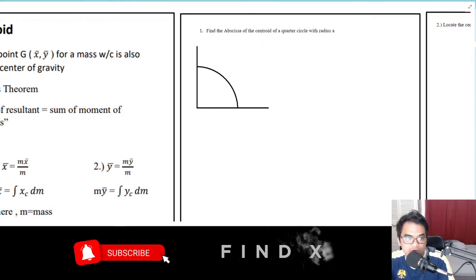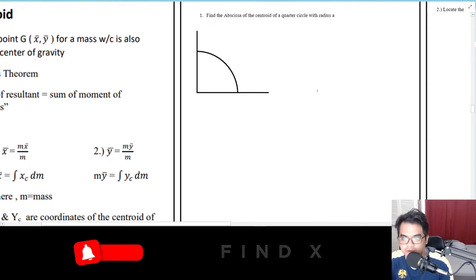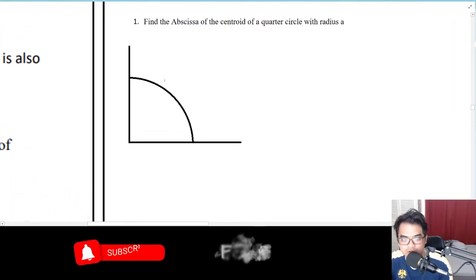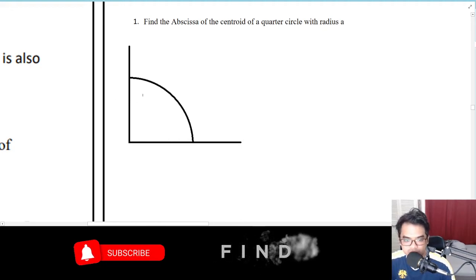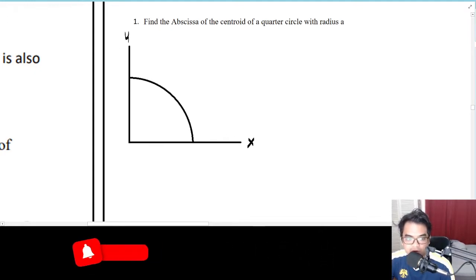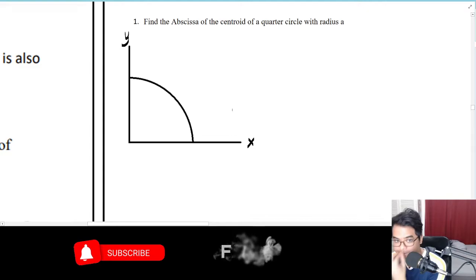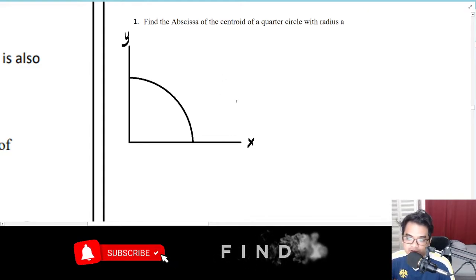For number 1, find the abscissa of the centroid of a quarter circle. I already drew the quarter circle. Of course, this will be your x-axis and this is your y-axis. Abscissa, therefore we are asked to find the x bar.